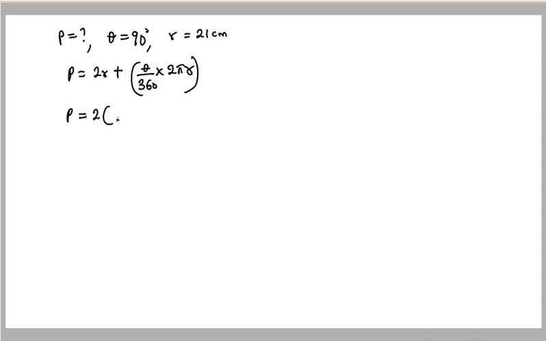R is 21, so 2 times 21, plus theta is 90, so 90 over 360 times 2 times pi. From the question, we are not told to take pi as anything, so I will take pi as 22 over 7. So I'll have 22 over 7 times R, which is 21.